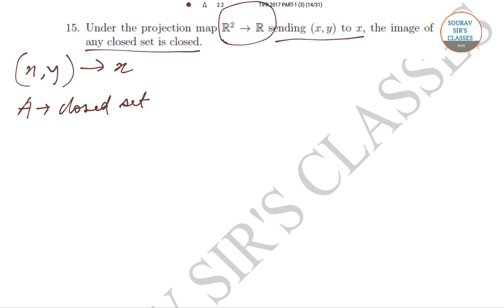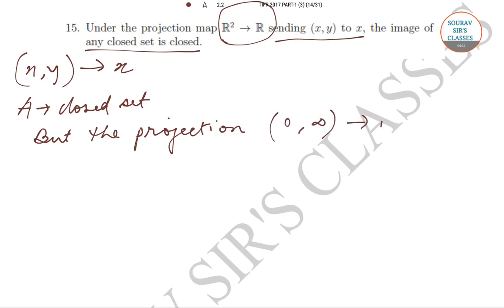If A is a closed set, we can sometimes say that the projection will vary from 0 to infinity, but the projection will be 0 to infinity, which is open.